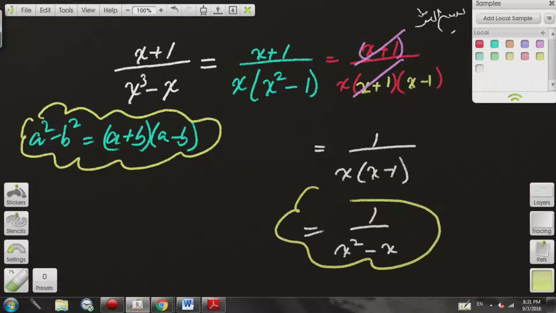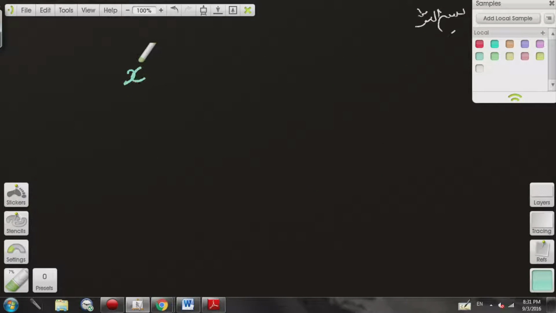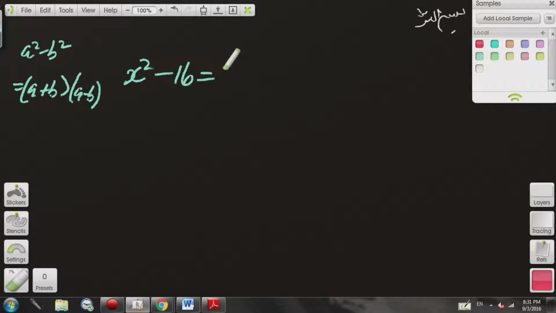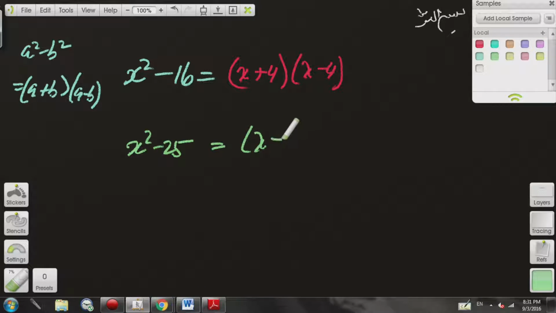So this is very important, actually. For example, x squared minus 16. How do you factor that? Well, that's a squared minus b squared. That factors into a plus b and a minus b, which means it's going to be x plus 4 and x minus 4. You got to get this. x squared minus 25 factors into x plus 5 and x minus 5.